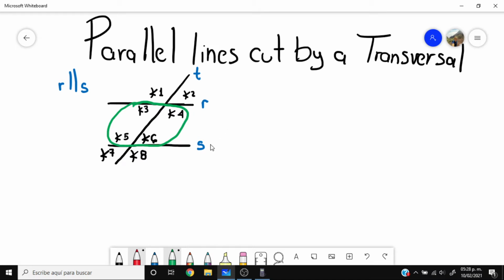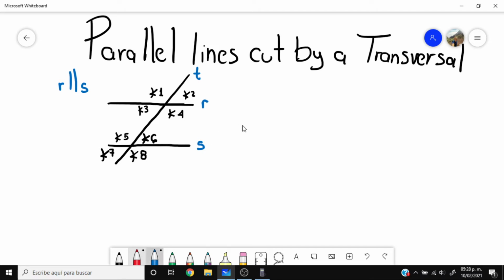So I'm going to erase that color, okay? It was just to mention that. And also these are the exterior angles, these two and these two, okay? Those are, I repeat, the exterior angles, okay? So there are many angles that are going to be the same.